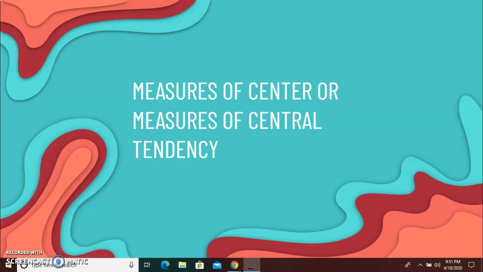Today's topic is looking at measures of center or measures of central tendency. You'll see both of those phrases or terms used interchangeably. I wanted to discuss what they mean, so that if you hear one, you know that it is the same as the other.